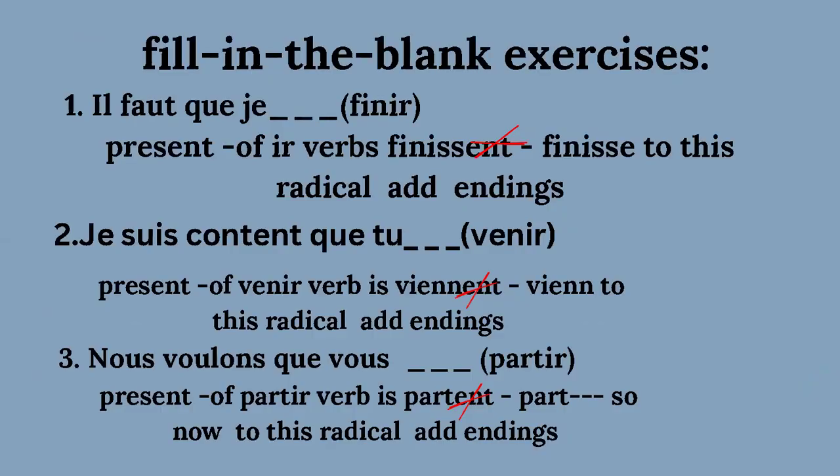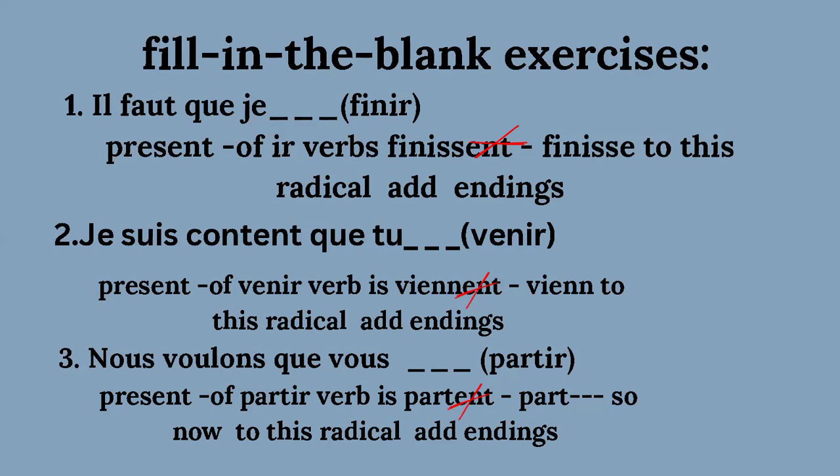Let's look at this exercise here. Now in the first one I have the verb finir and I have my subject je before the blank. So this will follow the regular subjunctive rule, that is the third person plural ENT, remove ENT, and to the radical we add the respective endings. In the second one also I have the verb venir and I have my subject tu.